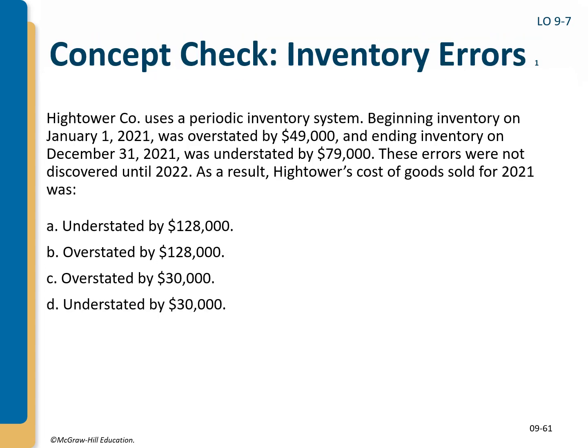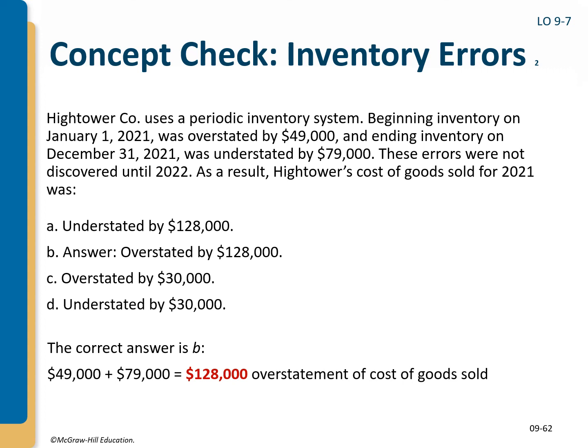And this is for periodic inventory systems, remember. What happens if beginning inventory was overstated by 49,000 on January 1 and ending inventory was understated by 79,000? They weren't discovered until 2022. Hightower's cost of goods sold for 2021 would be overstated by 128,000.